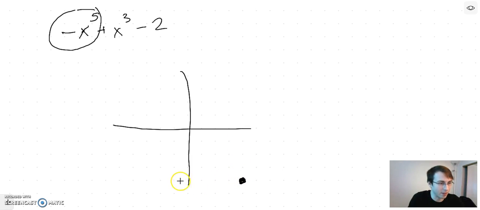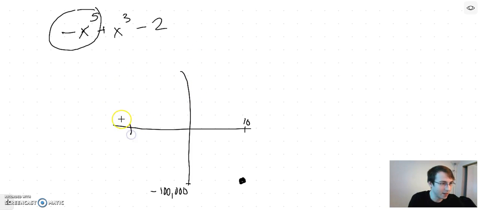So we got negative 100,000 here when we plug in 10. Remember, we're just forgetting about these other terms because negative 100,000 dominates the entire polynomial. Who cares about minus 2 when you're already this low? It's like if you're $100,000 in debt and then you spend $2 on a thing, you're just like, oh well, can't really go too much lower from that.